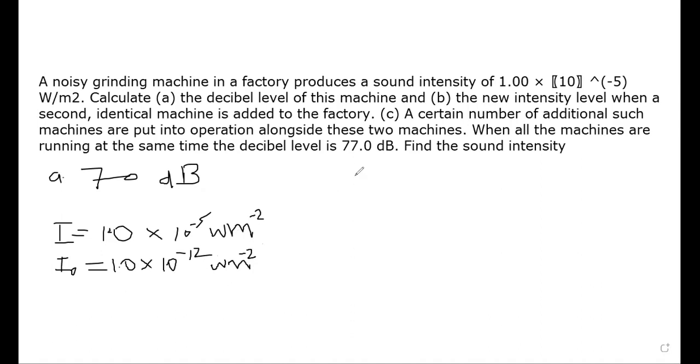So another machine has been brought to the factory, meaning that we are going to multiply this by 2. This would be the sound produced by the machines, so if two machines are functioning at this rate, we'll multiply this by 2.